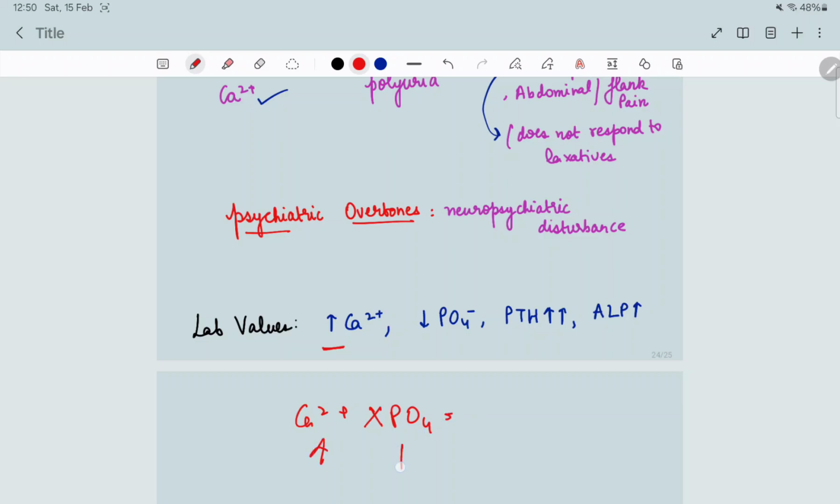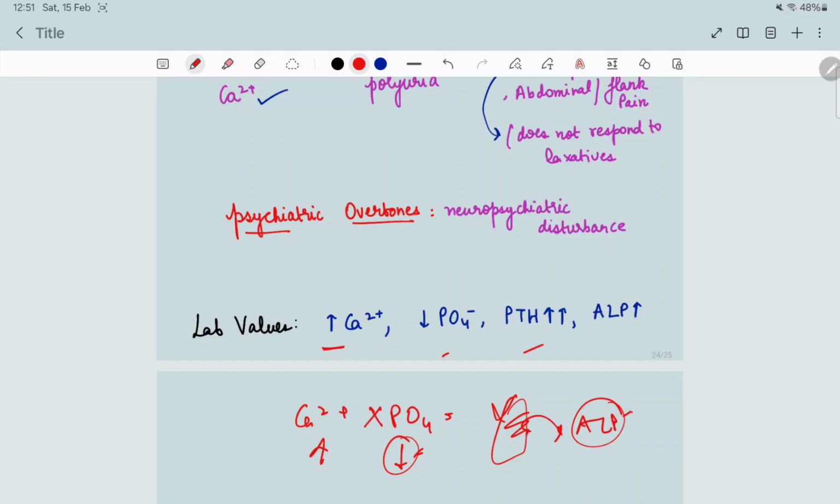So if calcium is rising, phosphate has to decrease, and PTH will increase. It's given in the question. And what is ALP? ALP is a bone marker. When PTH increases, it will try to destroy your bone. When the bone is being destroyed, ALP is released. So ALP also increases. So this is in primary hyperparathyroidism.